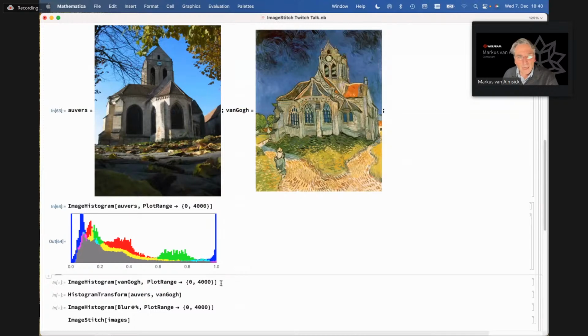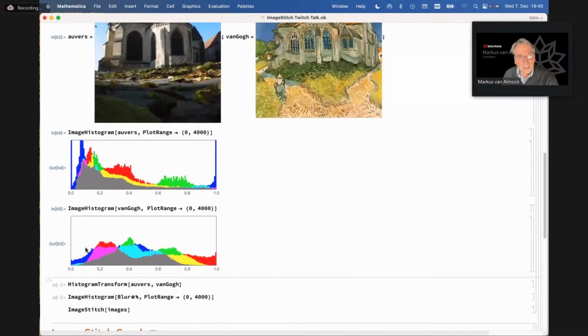And here I have the painting by Van Gogh, which has a much nicer, warmer kind of distribution of colors. What one does now, by squeezing or thinning the density of the color space here, is try to come up with a transformation that takes this histogram and ends up in this histogram.